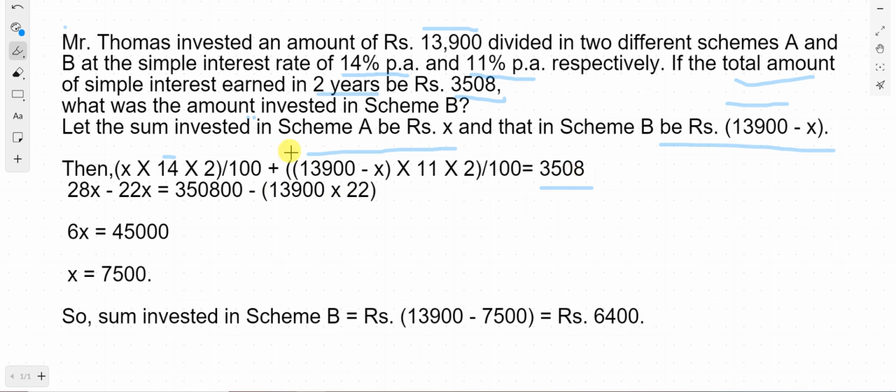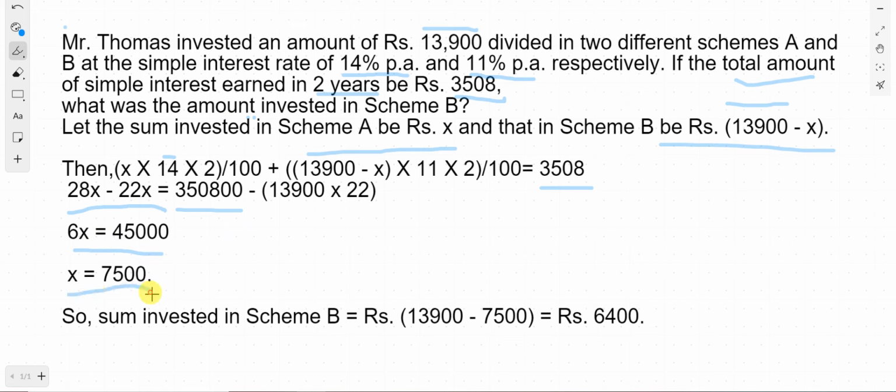Now here x is unknown, so obviously we have to calculate x. After solving it, you will get 28x minus 22x equals 350,800 minus 13,900 into 22. So then you will get 6x equals 45,000 and x will be equal to 7,500.